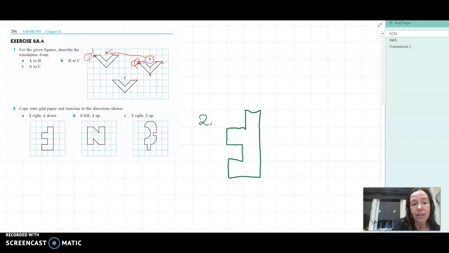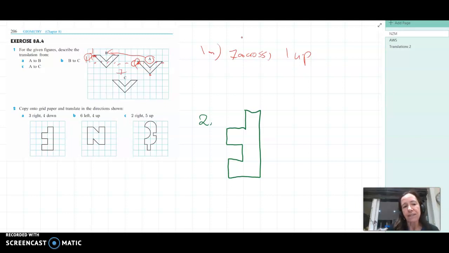So in this one, to get from here, I just need to go 1, 2, 3, 4, 5, 6, 7 across and 1 up. So to get from A to B, I need to go 7 across, 1 up. We always say across first and then up. Always say across first and then up for translations.